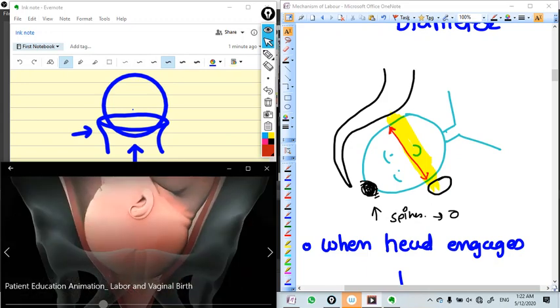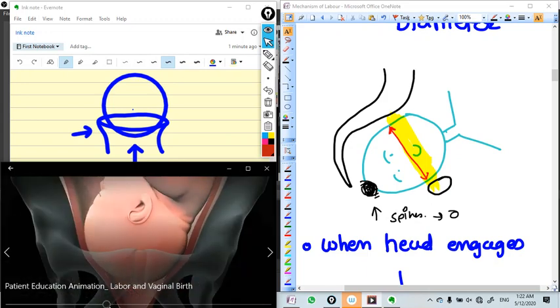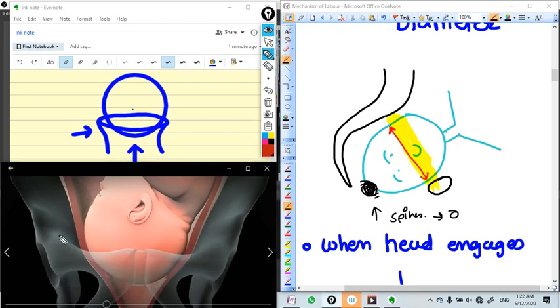Okay, now see this. Are you seeing in this video? The head goes inside the fetal pelvis. This is the inlet, and this baby goes inside the pelvis. This is the transverse diameter of the fetal head that crosses the pelvis. If you see the same picture from the lateral side, I have shown you here.